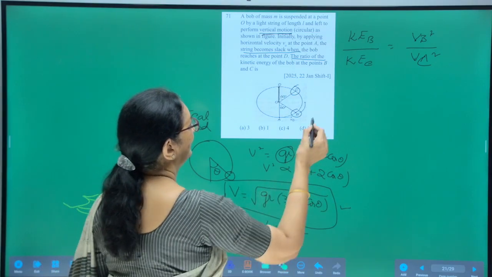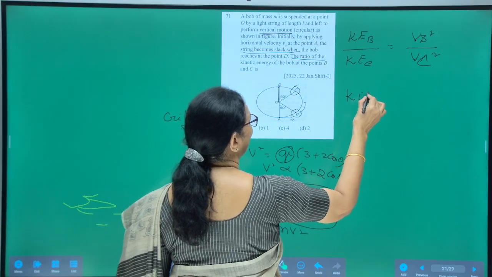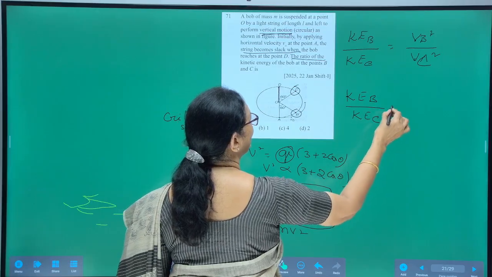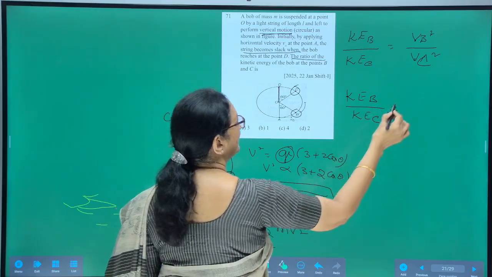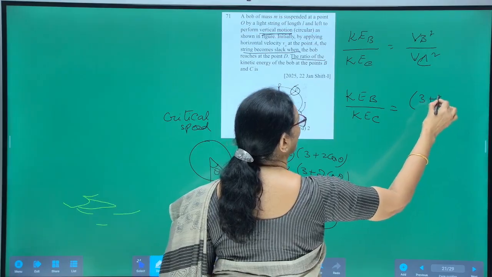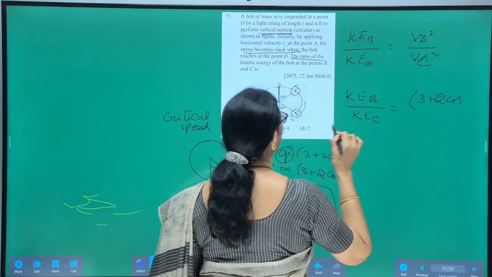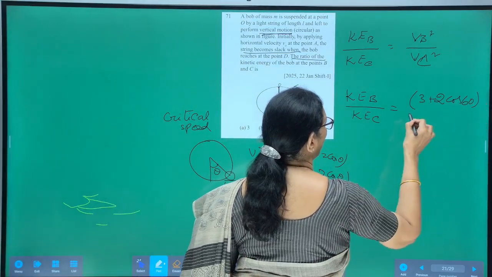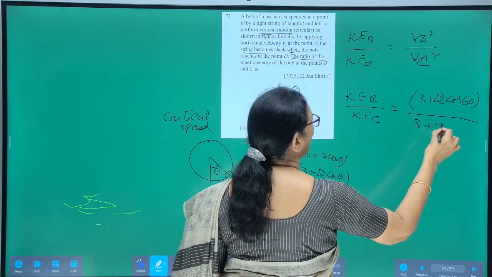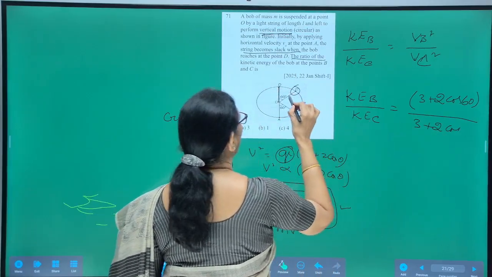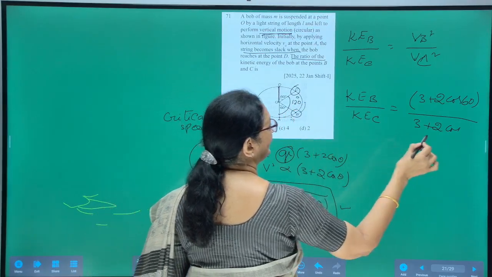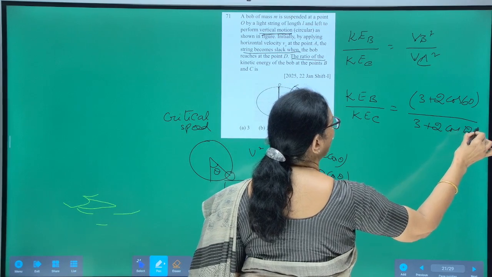Let us be careful here. Kinetic energy at the point B to kinetic energy at the point C: the ratio is 3 plus 2 cos theta at the point B, that is 60 degrees, divided by 3 plus 2 cos at C. At C it is 60 plus 60, 120 degrees, so cos 120 degrees.